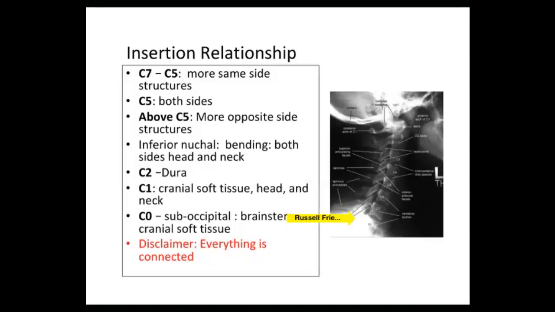If I'm right at C5, I'm working this side equally, as well as the opposite side. When I go above C5, I'm putting more pressure in to bring forces around, up and around. Fair enough? So that's where this C5 conversation comes in.